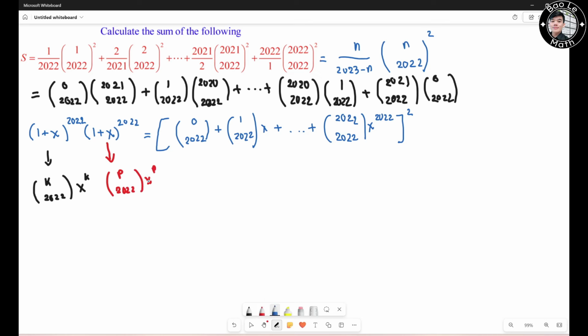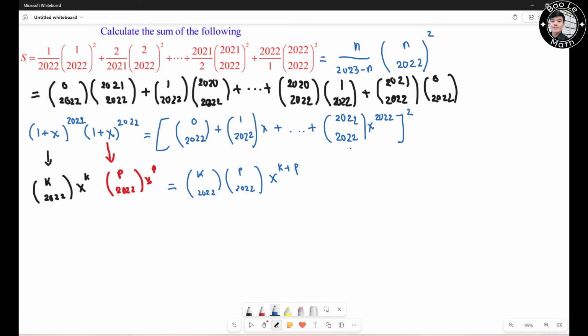Alright, so next one, we need to combine this one. It turns out to be C(k, 2022) times C(p, 2022), and s to the power of k times s to the power of p turns out to be s to the power of k plus p.